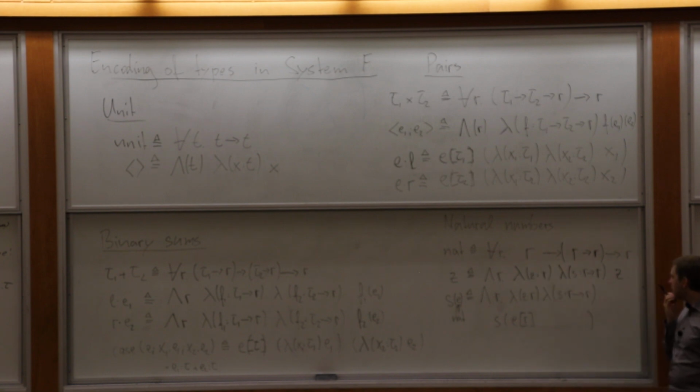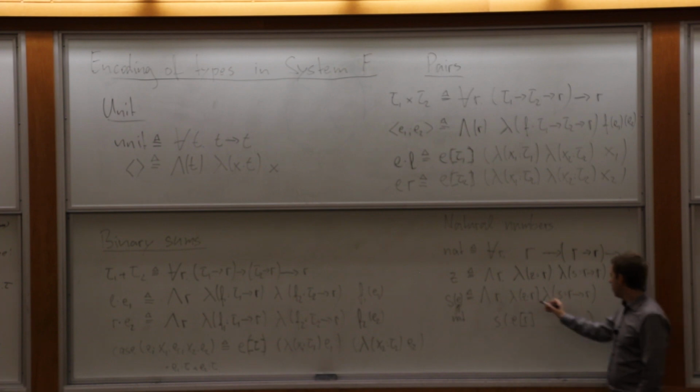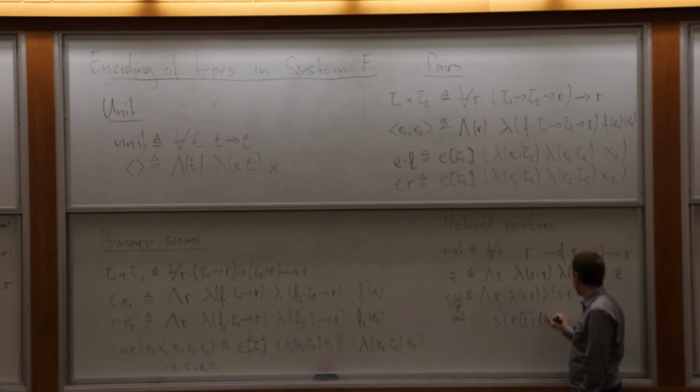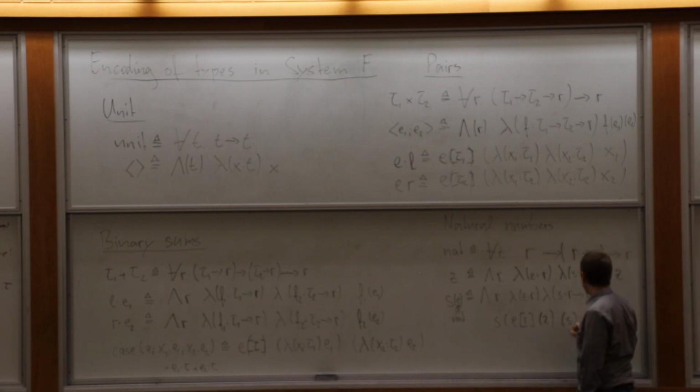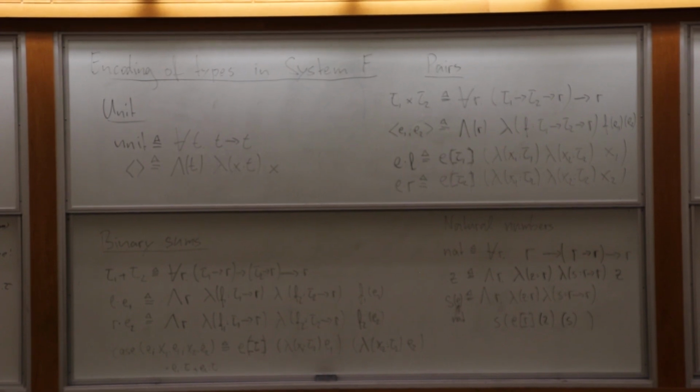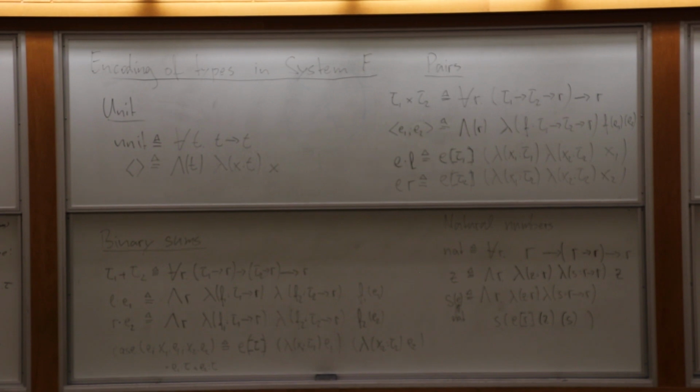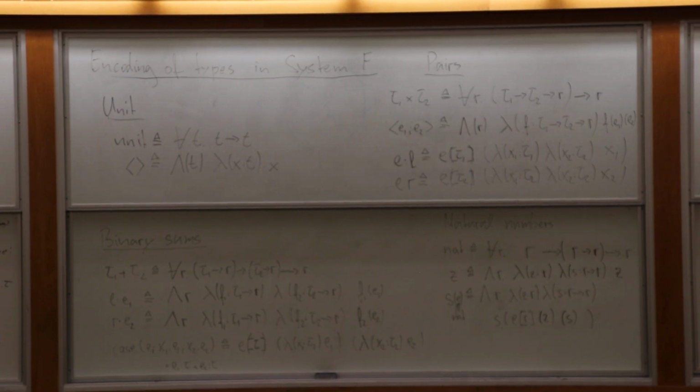Well, we only have one thing around, which is Z, and then it wants something of type R arrow R. So, well, that's it.